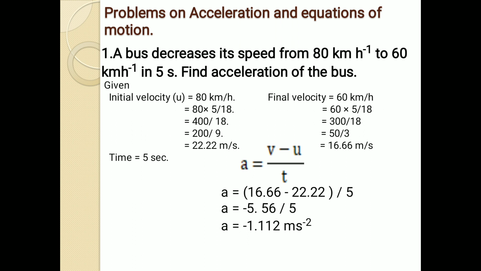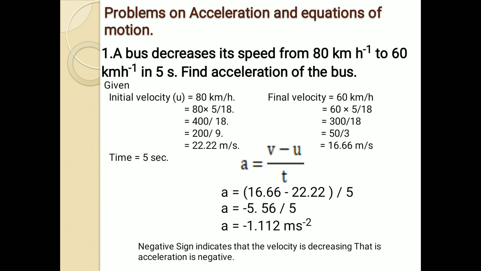So 16.66 minus 22.22 is equal to minus 5.56, because smaller number minus bigger number. So minus 5.56 divided by 5. Further, if you simplify, you will get answer A is equal to minus 1.112 meter per second square. Meter per second square is the unit of acceleration.